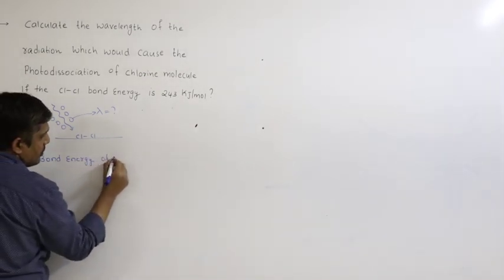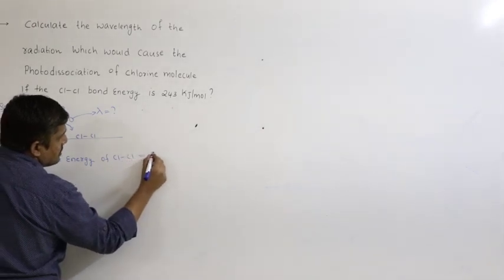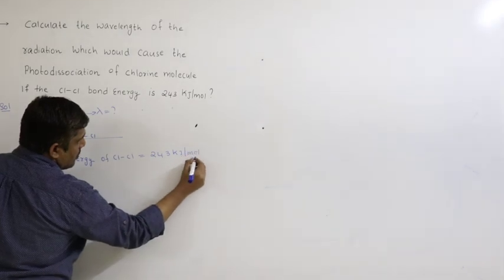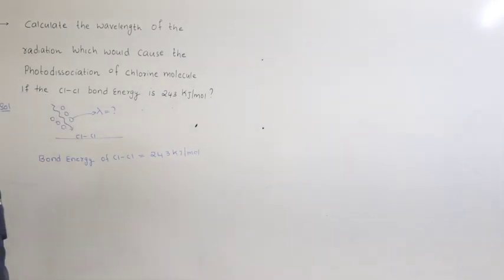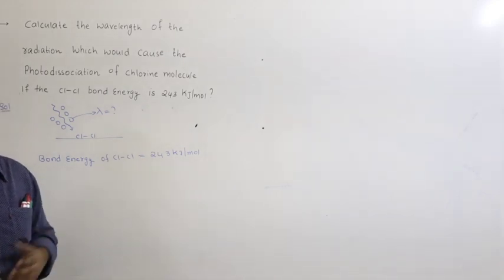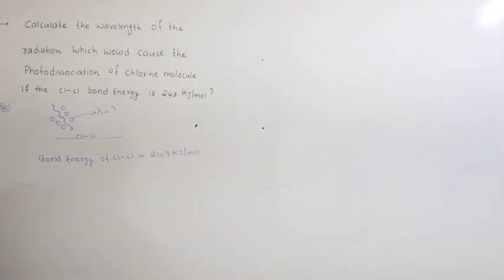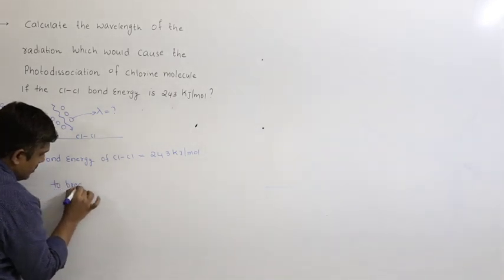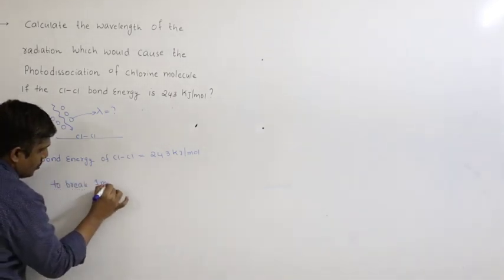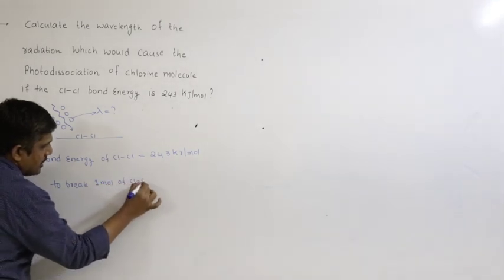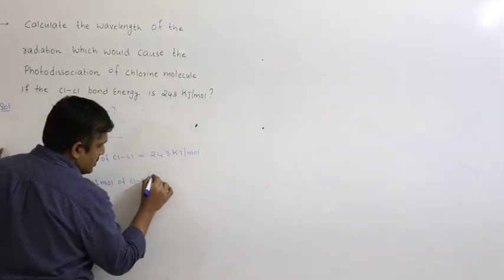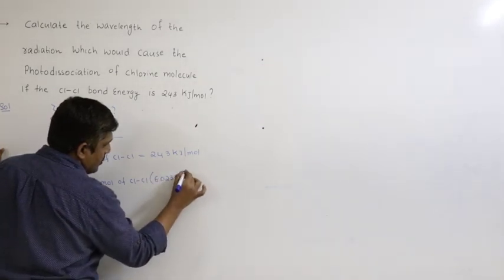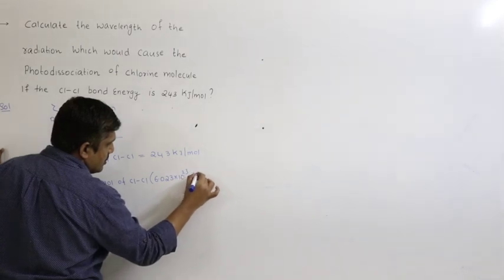Bond energy of Cl is 243 kilojoules per mole. Per mole means energy required to break 1 mole of Cl bond. So this is for breaking 1 mole of Cl, nothing but Avogadro number of molecules.